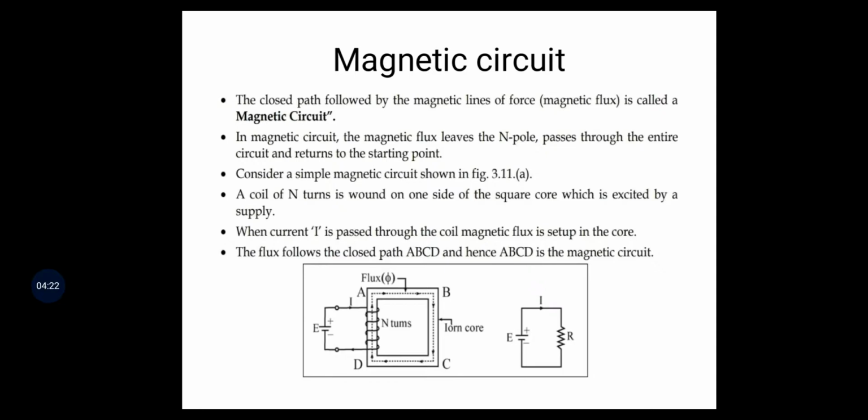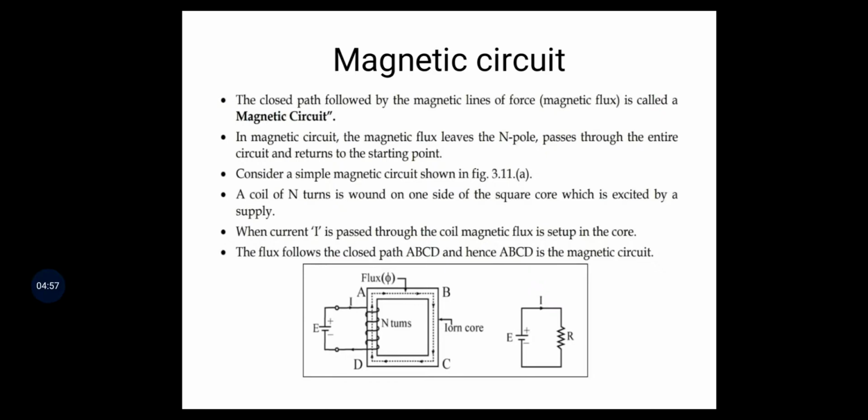So this combination is called a magnetic circuit. The closed path followed by the magnetic lines of force, or magnetic flux, is called a magnetic circuit.